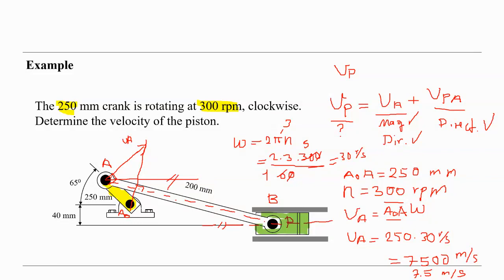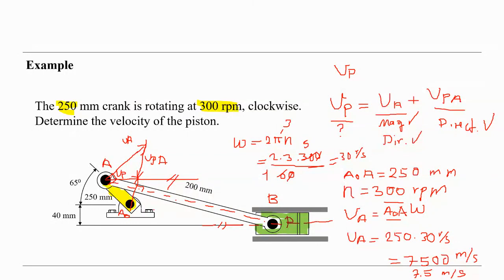So the crossing point gives us the magnitude of the VP and VPA. So this is the VP here, and this is the VPA, VP relative to the point A.